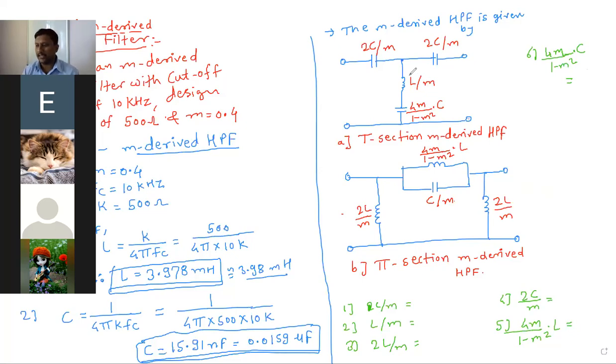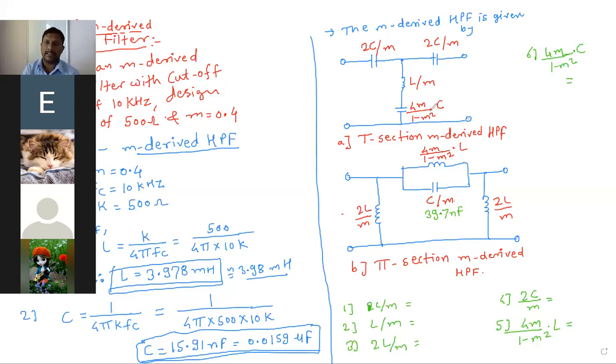Let's see, what is C by M? 39.775 nanofarad, correct? So C by M is required in the pi section, it is 39.7 nanofarad.